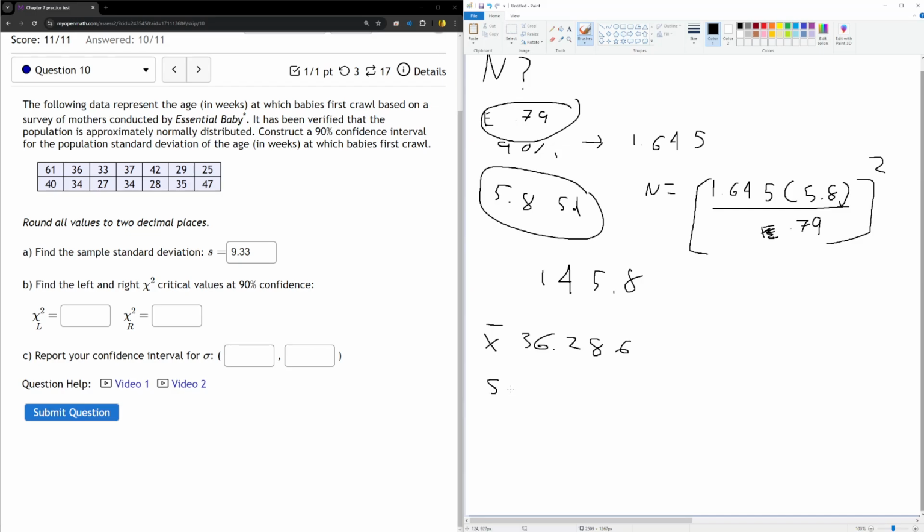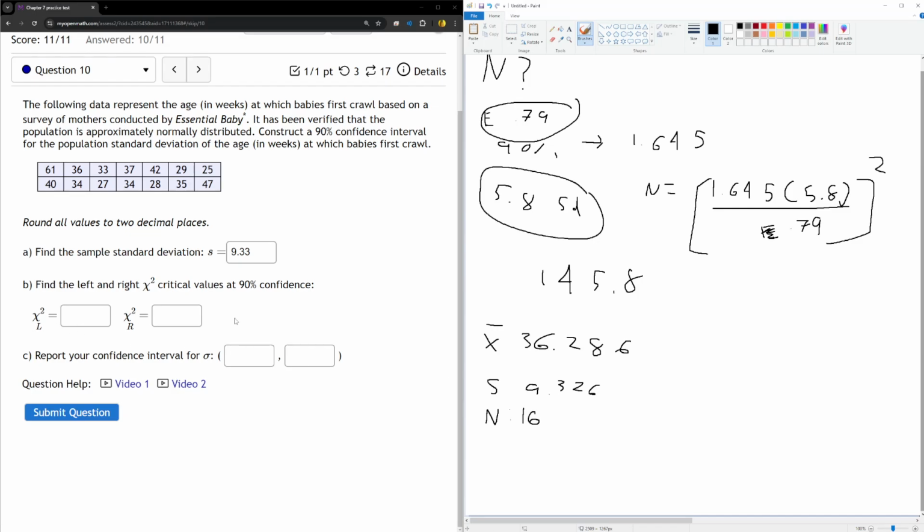Our S is 9.326, and our N is 16. Amazing. What are these numbers?